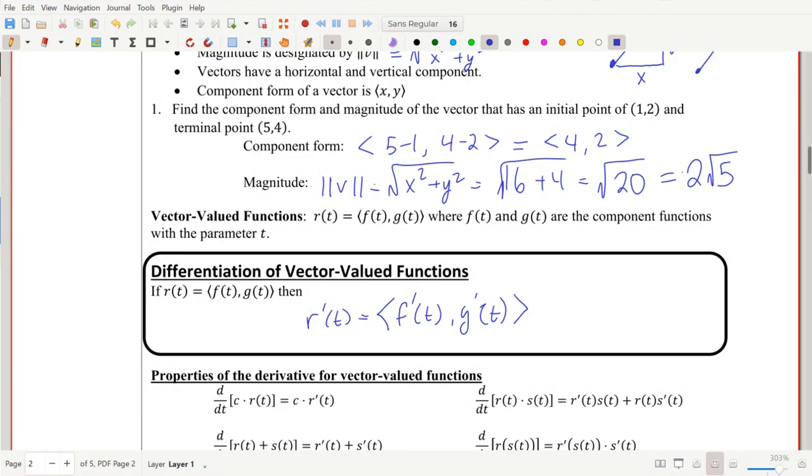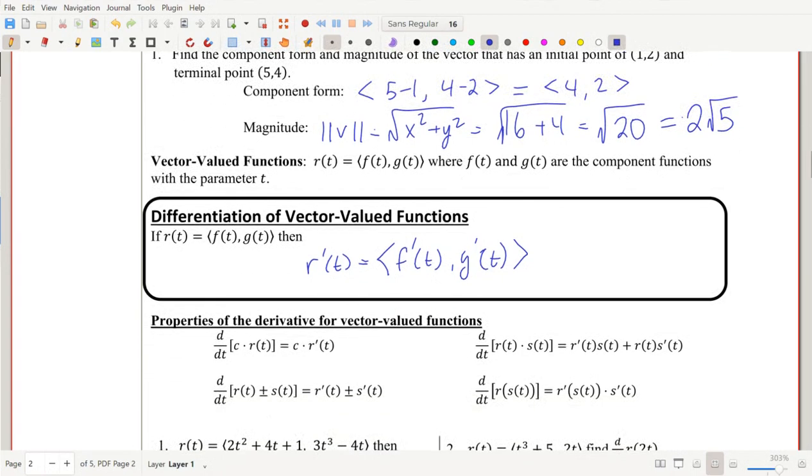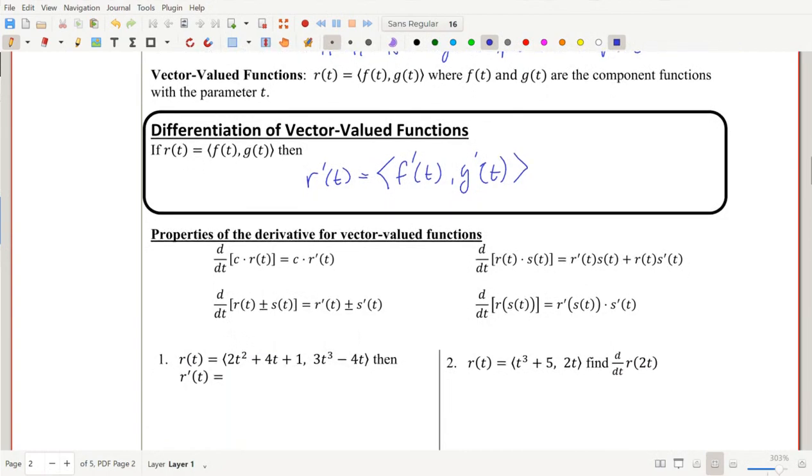And all of the rules that we learned back in chapters 2 and 3 work with vector valued functions. A constant multiple in front of your vector, when you take its derivative, is just going to be something you multiply on the outside, which means you multiply it against both f prime of t and g prime of t.